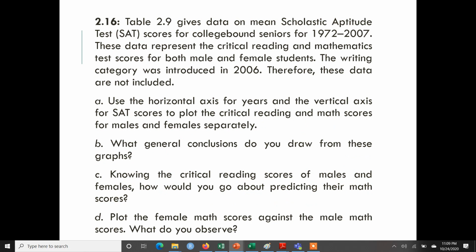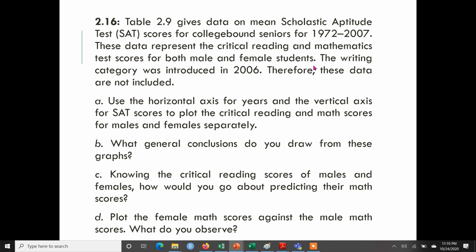Okay, so next we discuss this exercise 2.16. Now this exercise talks about table 2.9, which gives data on mean SAT scores for college bound seniors for some years, and the data represent the critical reading and mathematics test score for both male and female students.